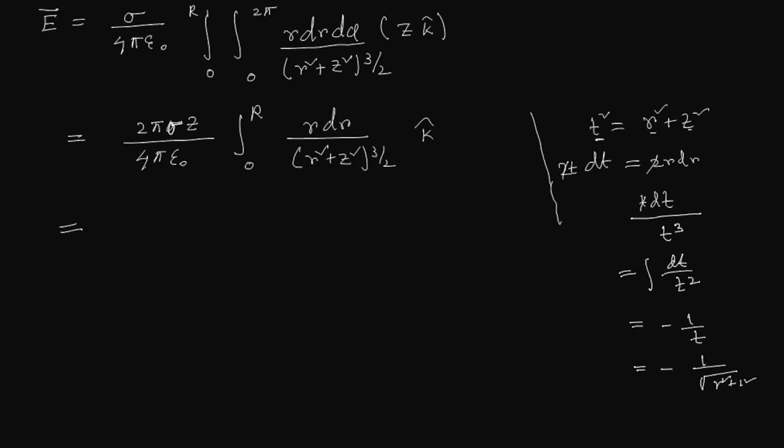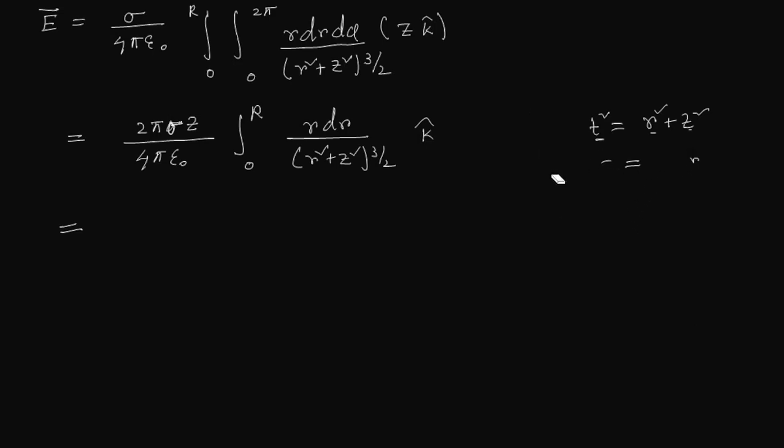Okay, so if you do that, finally we'll get the value of this integration: minus 1 by under root of z square plus r square. Okay, so do that. Then also simplify this term.